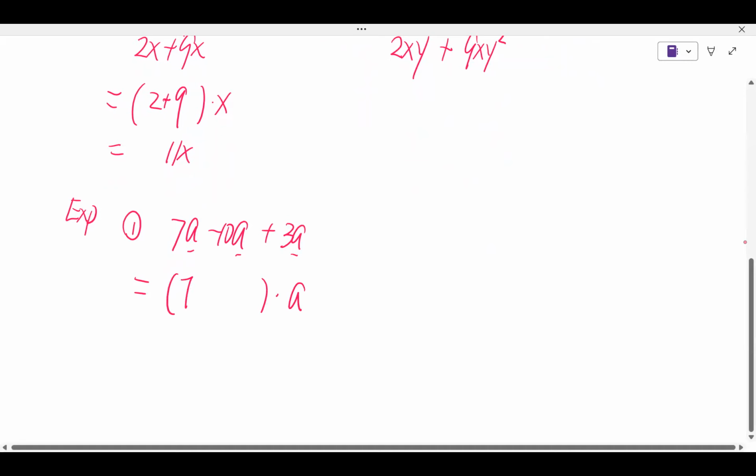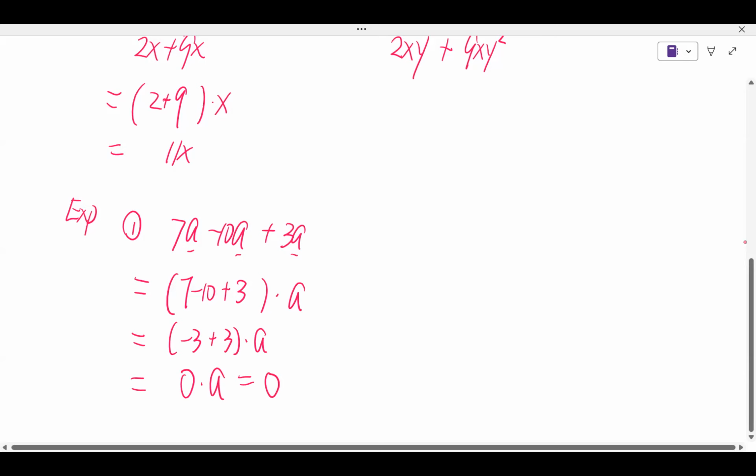Now you get 7 minus 10 plus 3 inside the parentheses. 7 minus 10 is negative 3, adding 3 is 0. So 0 times a is 0.